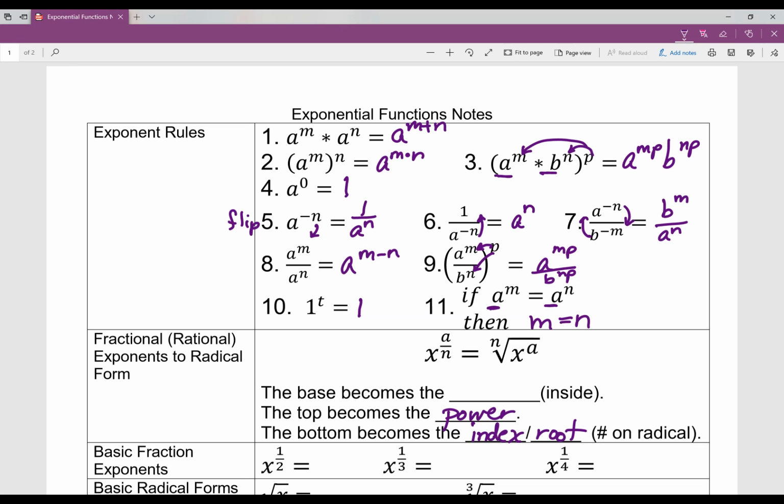And the base becomes the radicand. It's called the radicand. It's still the base, okay?